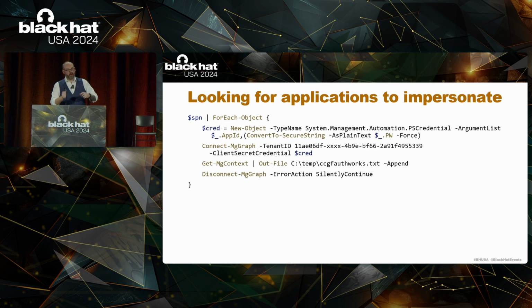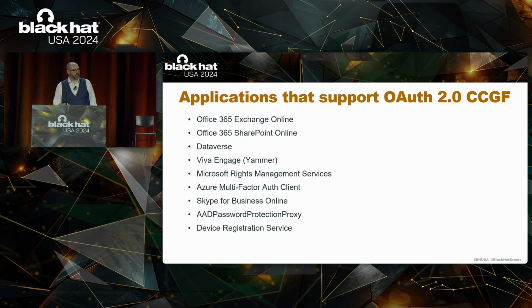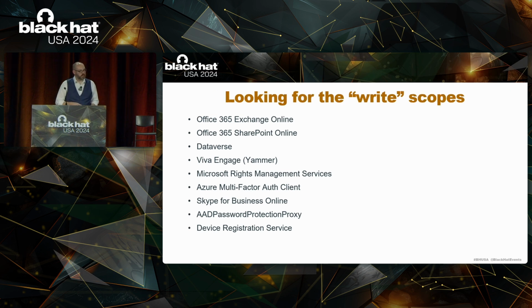Out of the 573 applications, or service principals, in my tenant, I found that 9 actually supported the OAuth 2 client credential grant flow. But just supporting that and being able to authenticate in itself is, again, who cares? So it was really about looking for the right scopes.